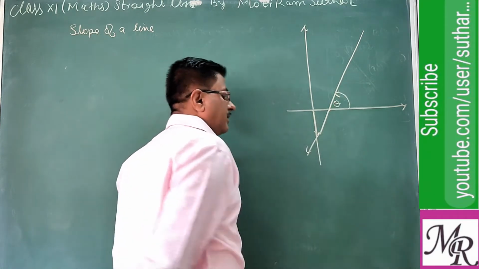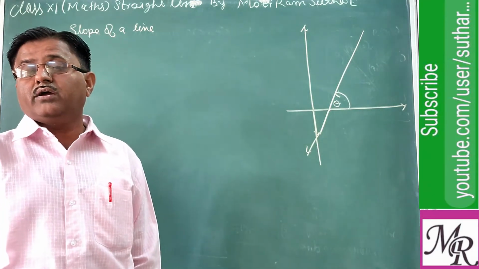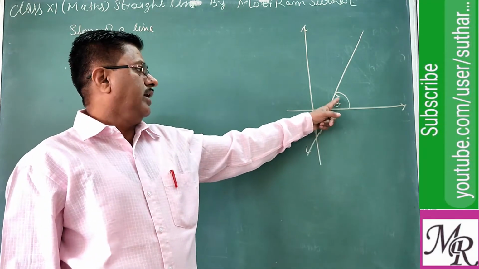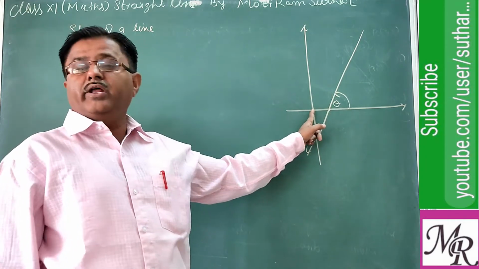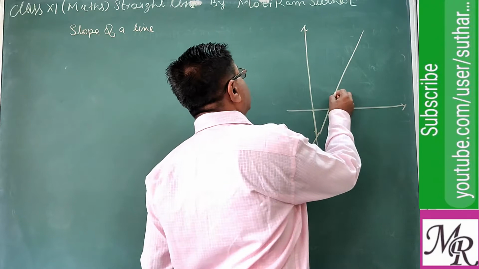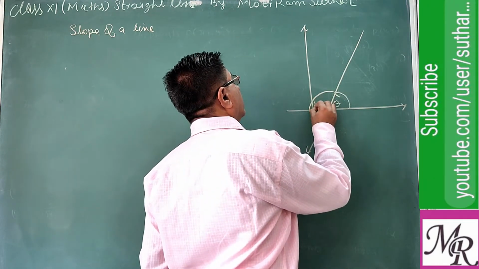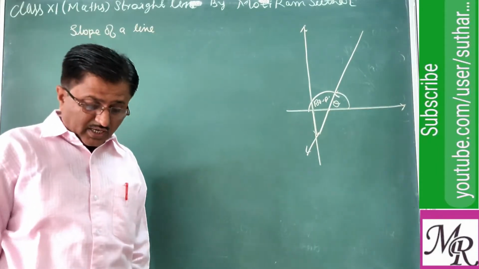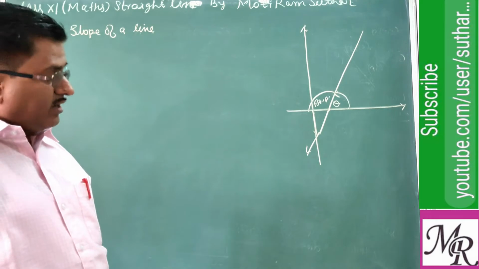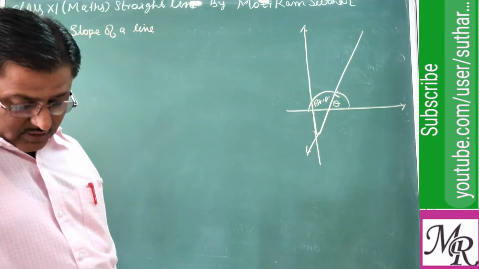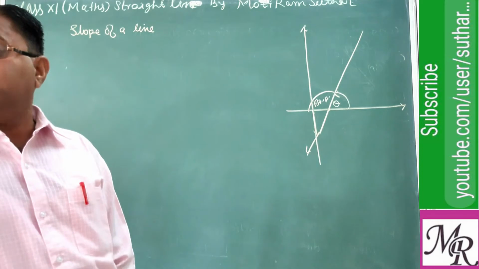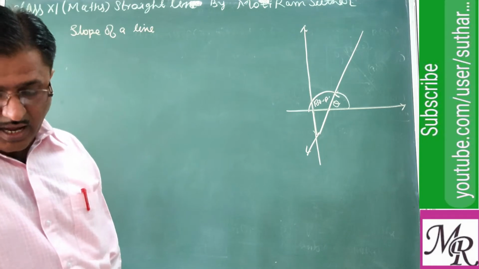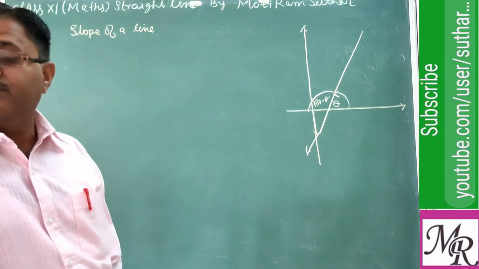Suppose this is theta, and the remaining angle, supplementary to this one, is 180 minus theta. So a line in a coordinate plane forms two angles with the x-axis which are supplementary.